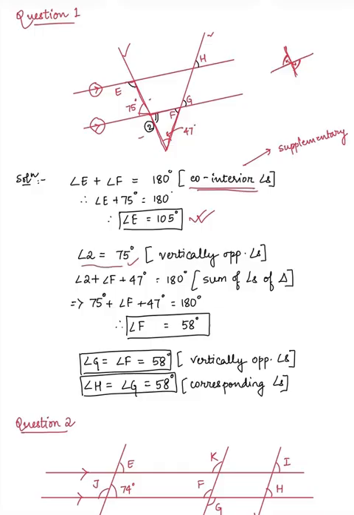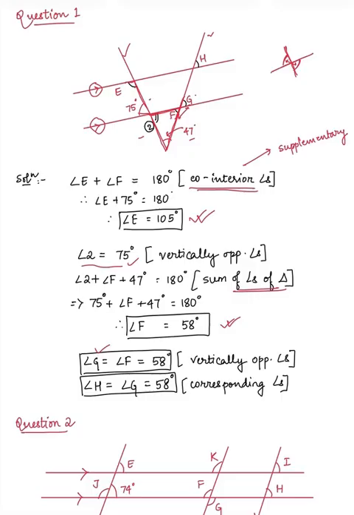Now it's pretty simple. For this triangle we know angle 2, we know this is 47, so we can easily find angle F because the sum of the angles is 180 degrees in a triangle. Similarly, we'll see that F is equal to angle G. Why? Because they are vertically opposite.